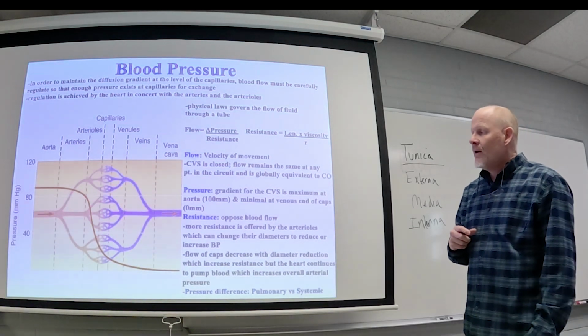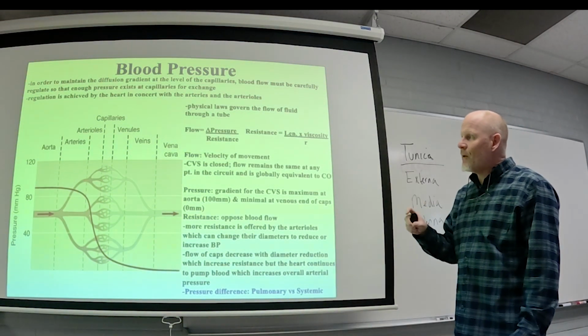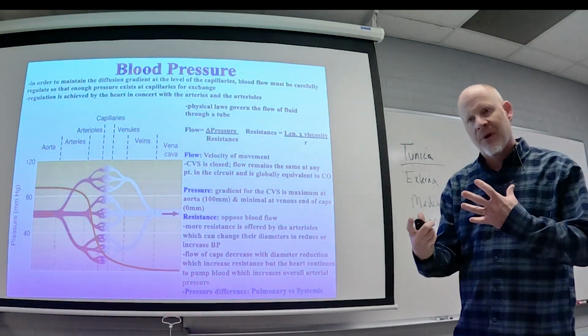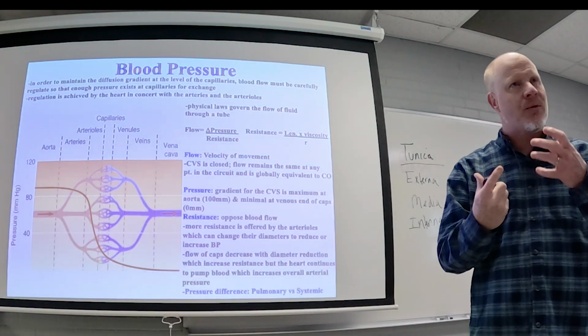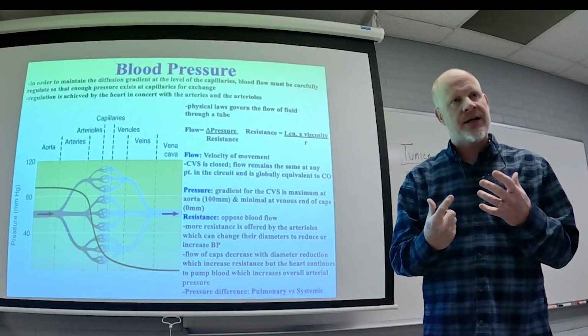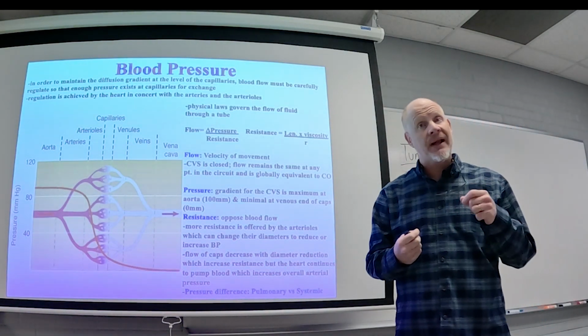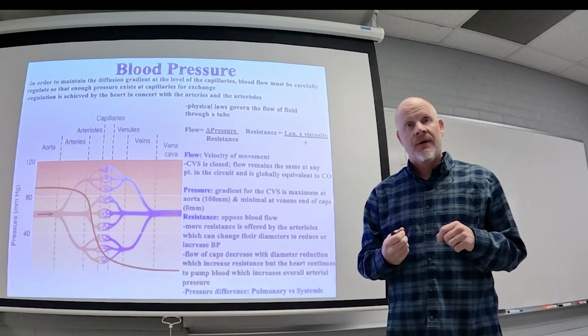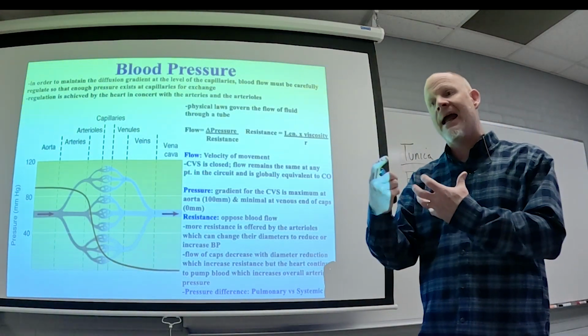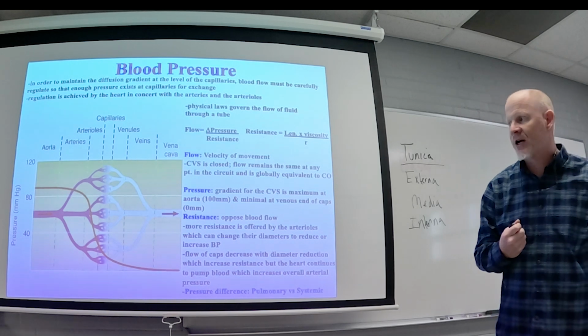So we have to play this game with changing resistance in certain places in order to deliver blood. So the arterioles not only act as the gateway to who gets blood and who doesn't, but they can play a major role in blood pressure. So they're the gateways to blood flow and can help with systemic blood pressure.